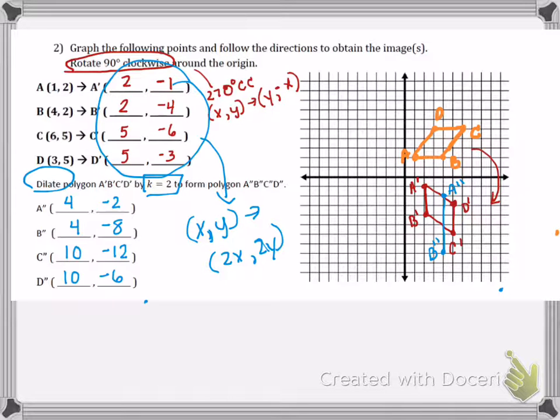So we go a little off scale there. We're just putting our C double prime down where that would belong. And then we have the ordered pair 10, -6 for our D double prime. And we get our dilated parallelogram.